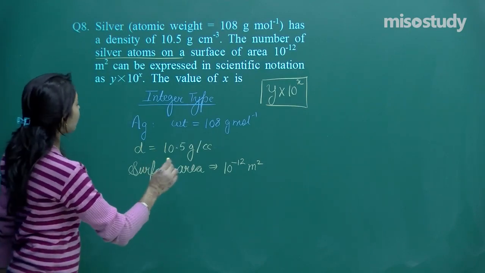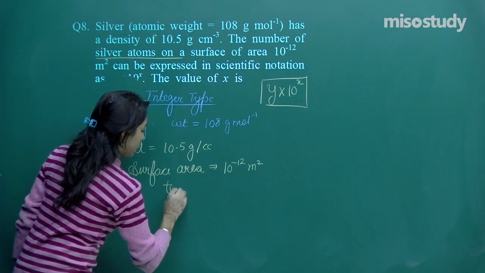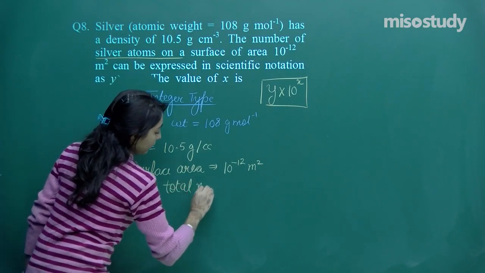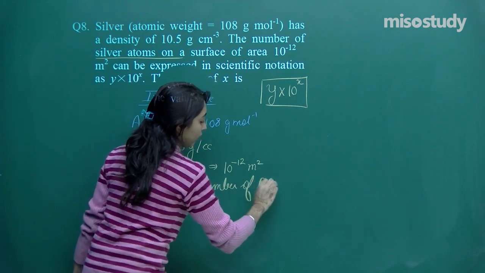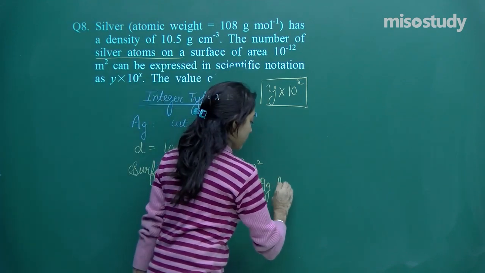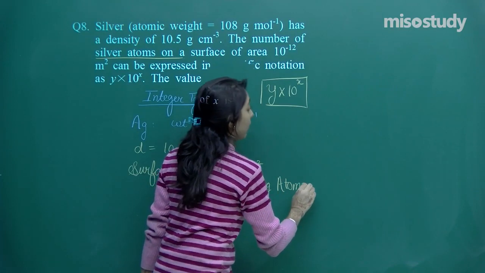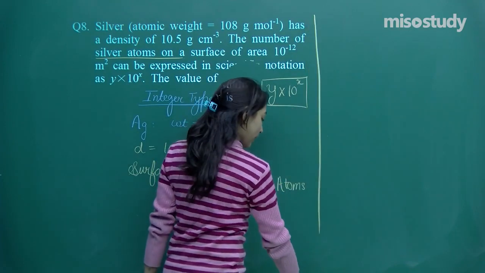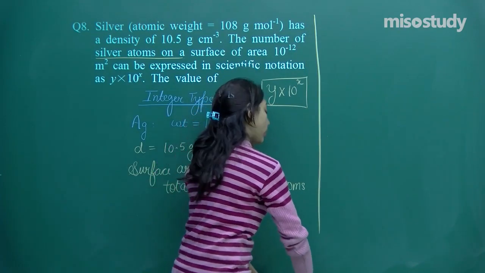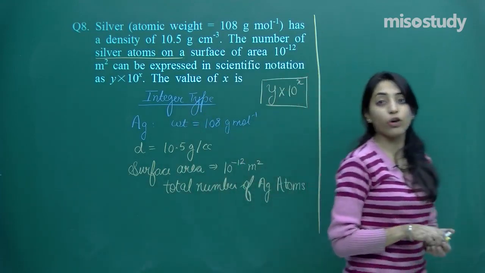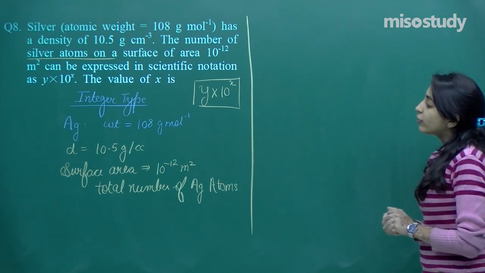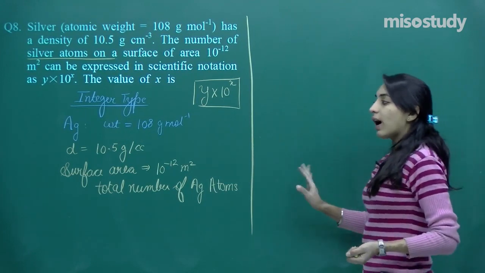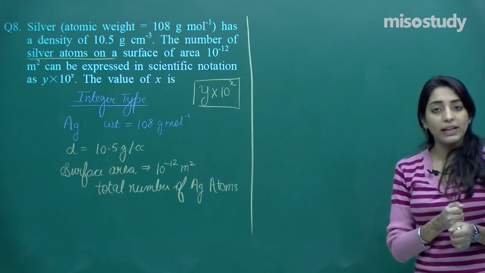Okay, the question is you need to calculate the total number of silver atoms. The question is actually a very good question. So let us try to move into the detailed solution of the question. The question starts like we are given something as the formula of density, right?